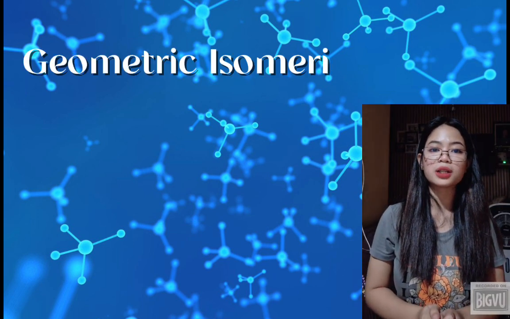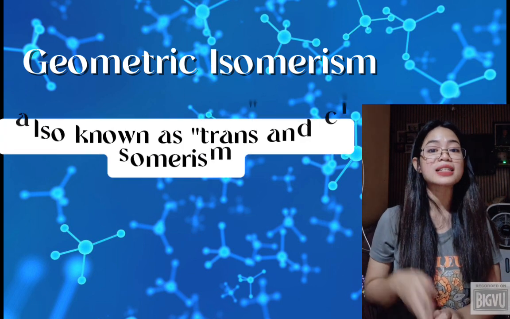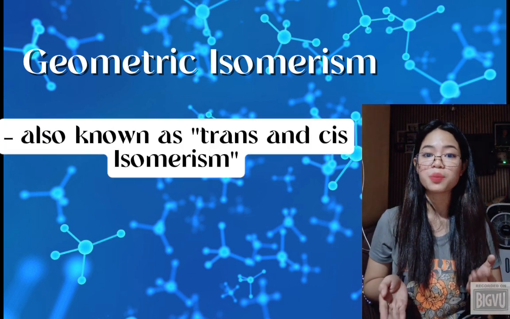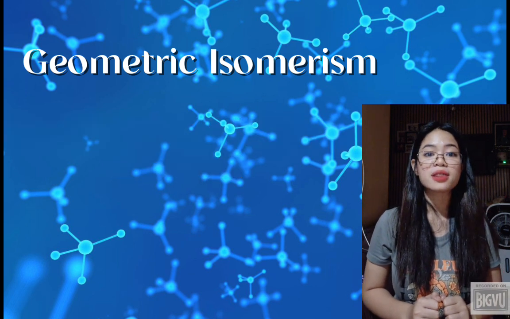Another type of isomerism is the geometric isomerism. It is popularly known as trans and cis isomerism. Cis and trans are Latin words that mean on this side and on the other side.